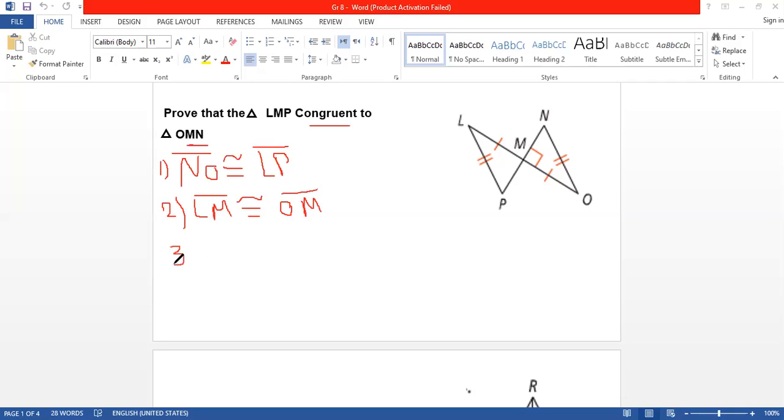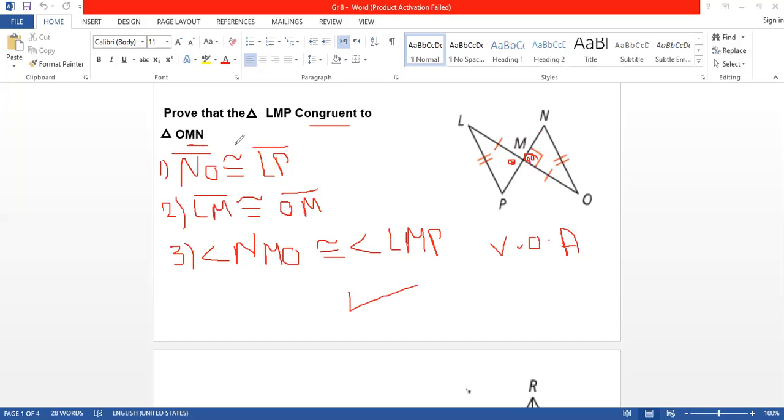And condition number three, angle NMO is congruent to angle LMP, by vertically opposite angles, VOA. So the two triangles are congruent. Triangle LMB is congruent to triangle OMN.